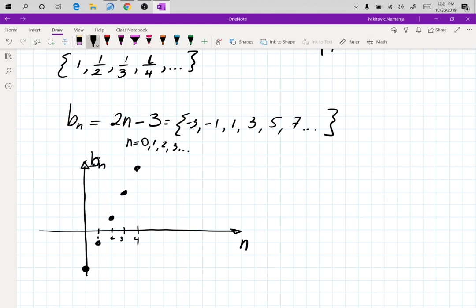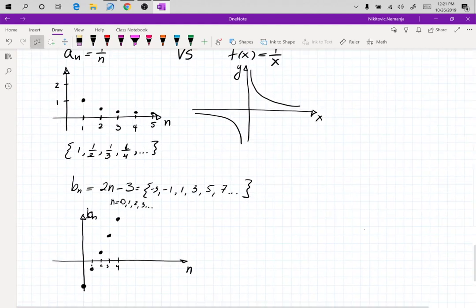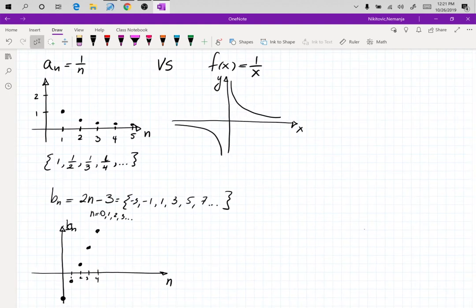Now I want you to compare the two graphs. I have to make it smaller so you can see both graphs at the same time. And I need you to see that the graph on top, a_n equals 1 minus n, is falling down, and it's going to follow an asymptote.